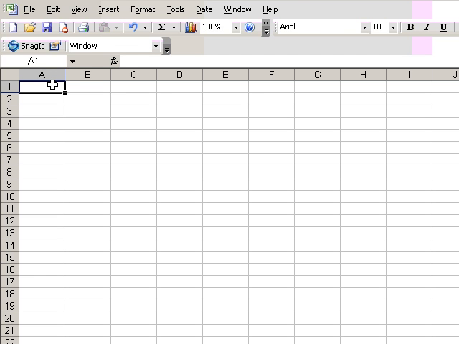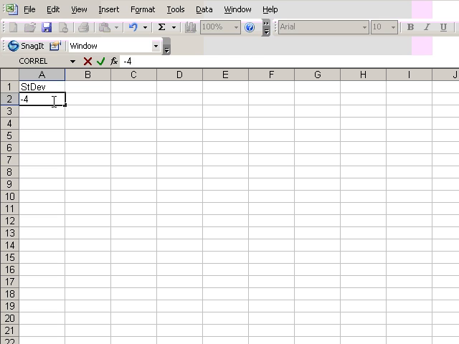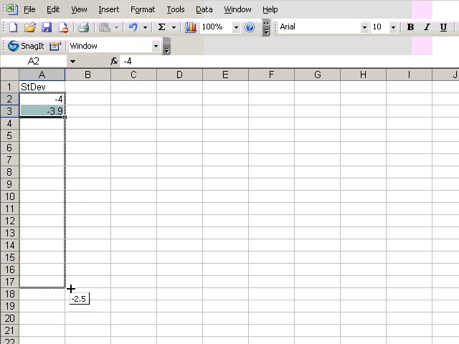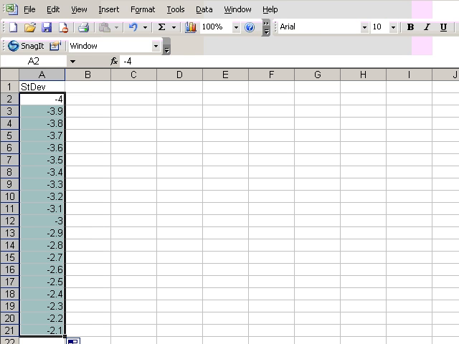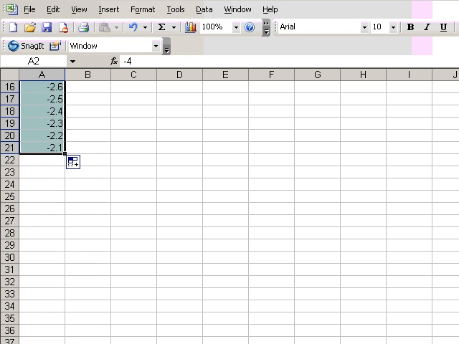I'm going to begin with STDEV, standard deviation units, and I'm going to start at -4 and then -3.9, and then I'm going to drag this down, and we'll move the sheet down.